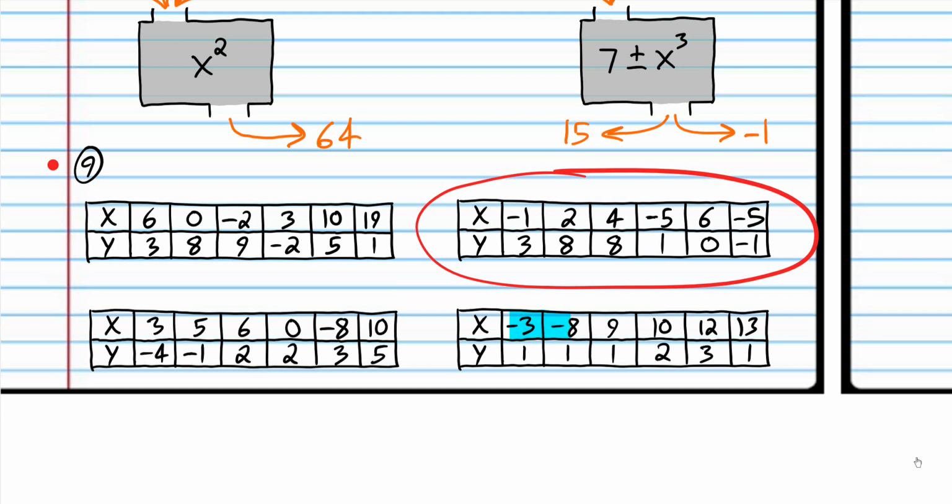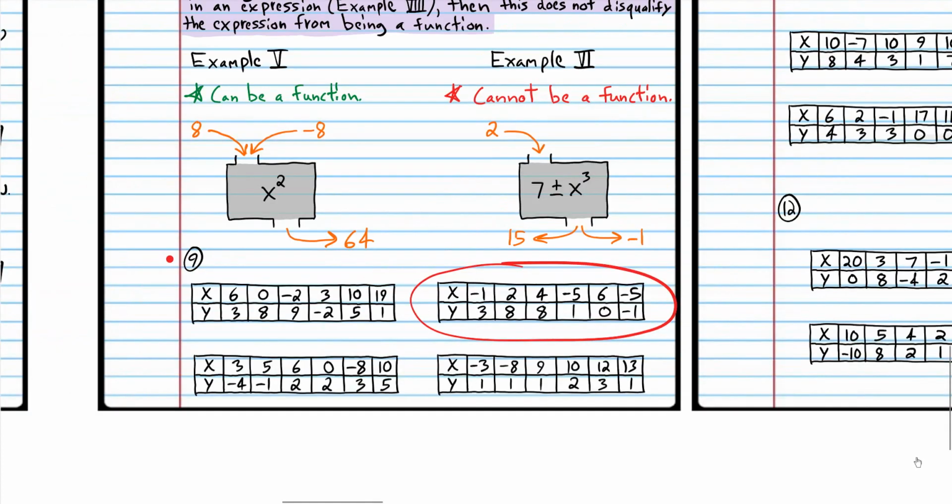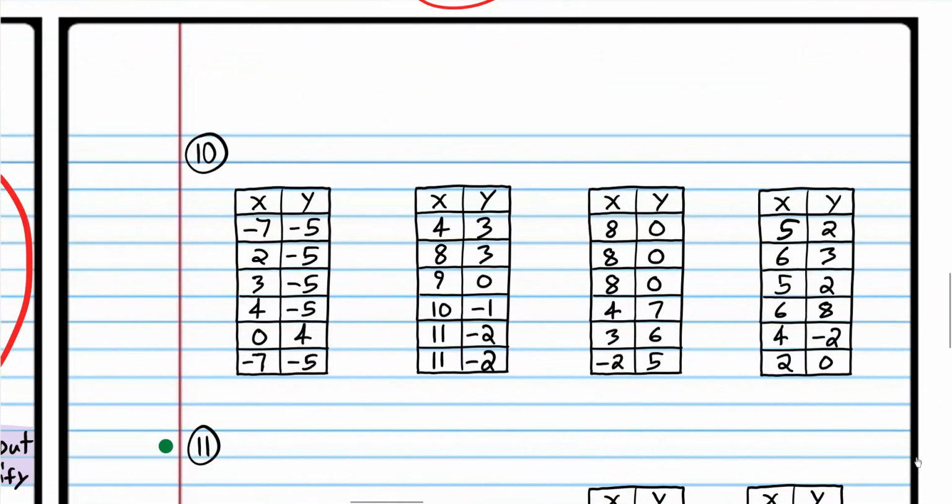Do we have any repeated numbers in the X row? The answer is we don't. We do have repeated numbers in the Y row, but that's okay. You can plug in a bunch of different inputs and get the same output. That's fine. There's nothing wrong with that. Okay, let's try another problem.